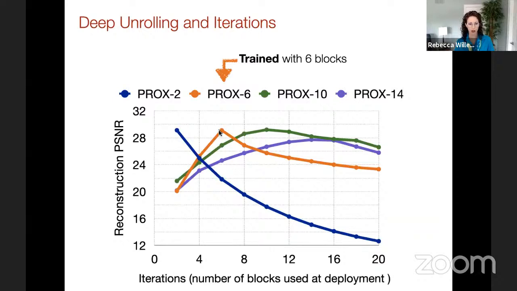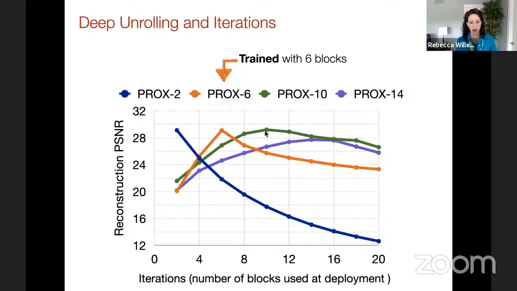So if we focus on the orange curve for a moment, we trained it to do well after 6 blocks. It does do well after 6 blocks with a PSNR of about 29. But if we keep running after that, then it gets worse. If we were to train for 10 blocks, then it does best at 10 blocks, but any more, the performance degrades.